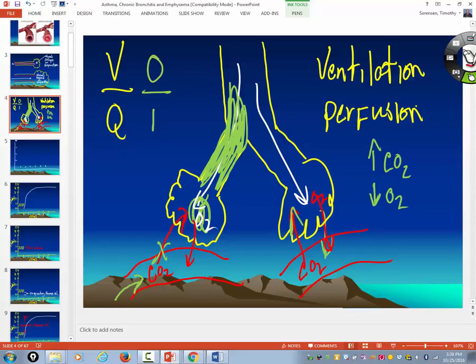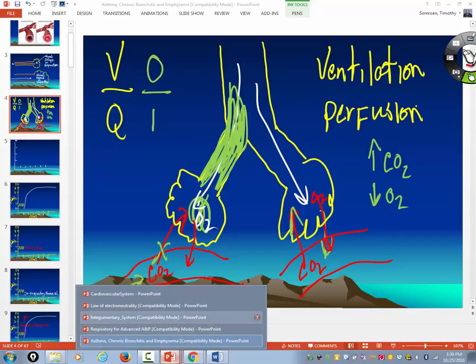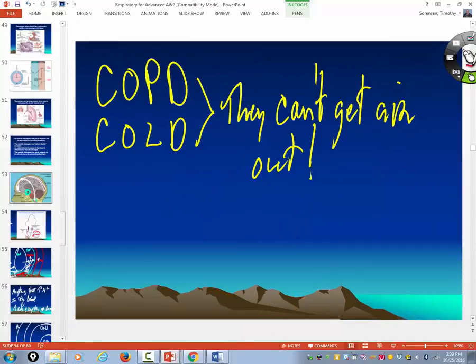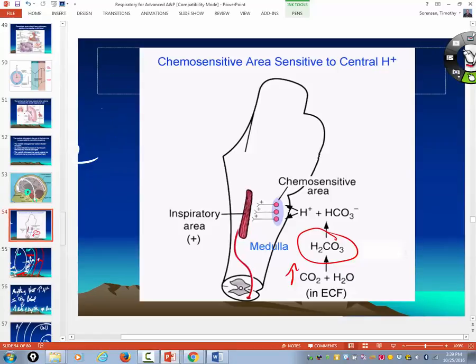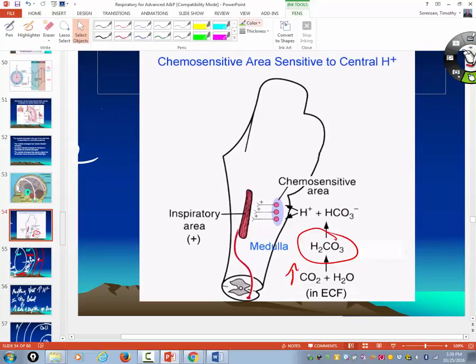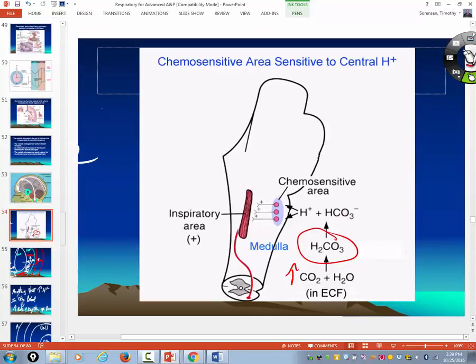Now, if we look, we learned that the primary center for breathing is located in the medulla. So what happens over time to people who develop chronic bronchitis is that the central chemoreceptors in the medulla become desensitized to high levels of carbon dioxide.